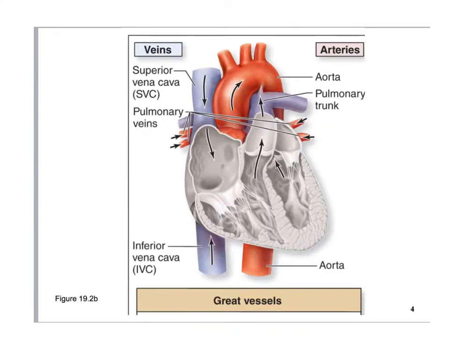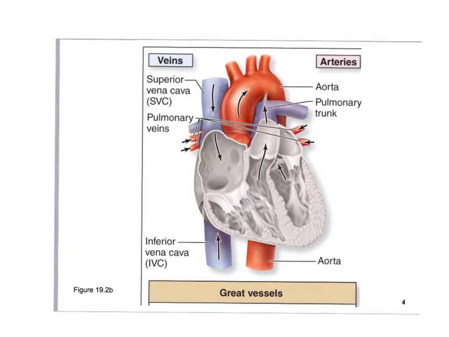So, with that, we move on to the veins and the major vessels. Okay? So, blood has to come into the heart and then it's pumped out. We're going to start here with blood coming from the body. You have a couple major vessels here: the superior vena cava and the inferior vena cava.